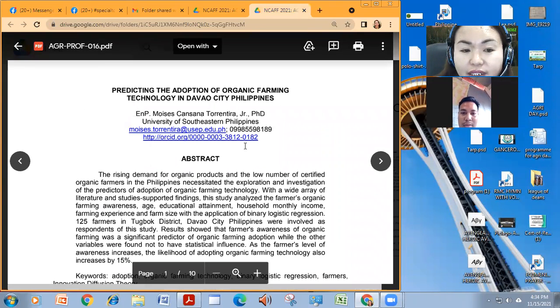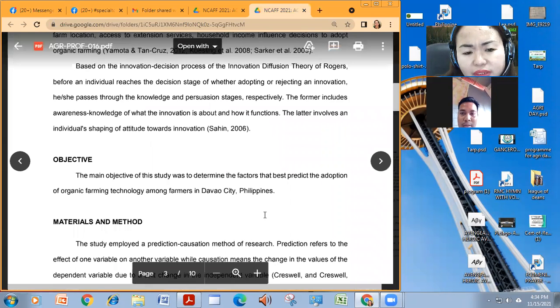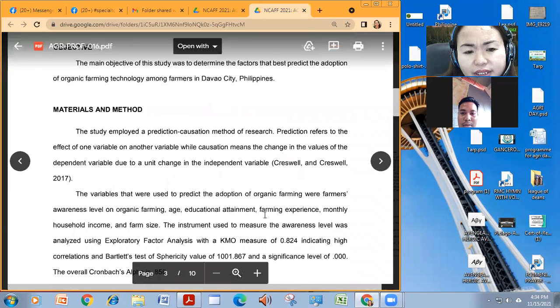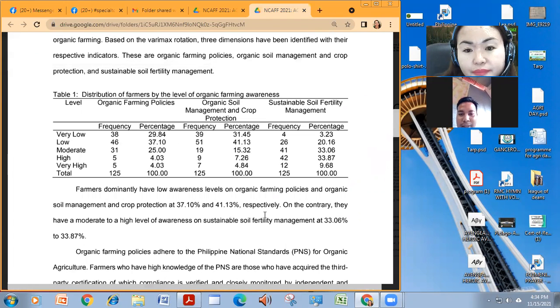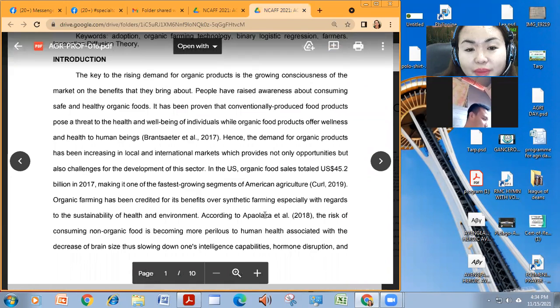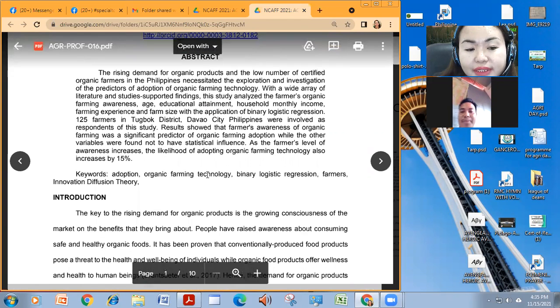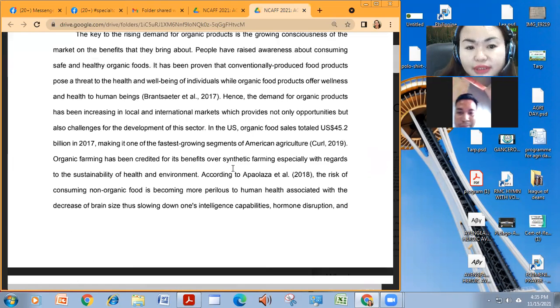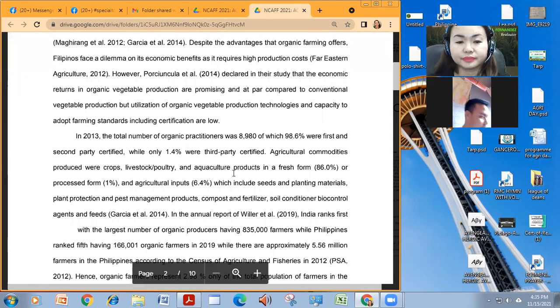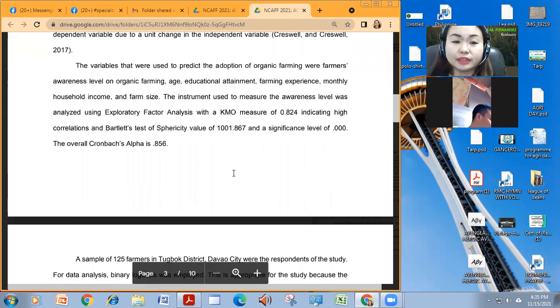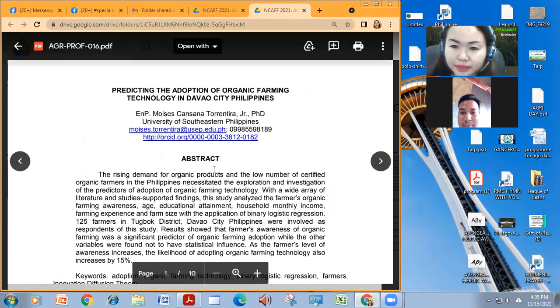This is another example of how they did this research and what methods. The abstract is always included because this is a report, but in your proposal, you don't include abstract and results. Those are the two that are not in the proposal.